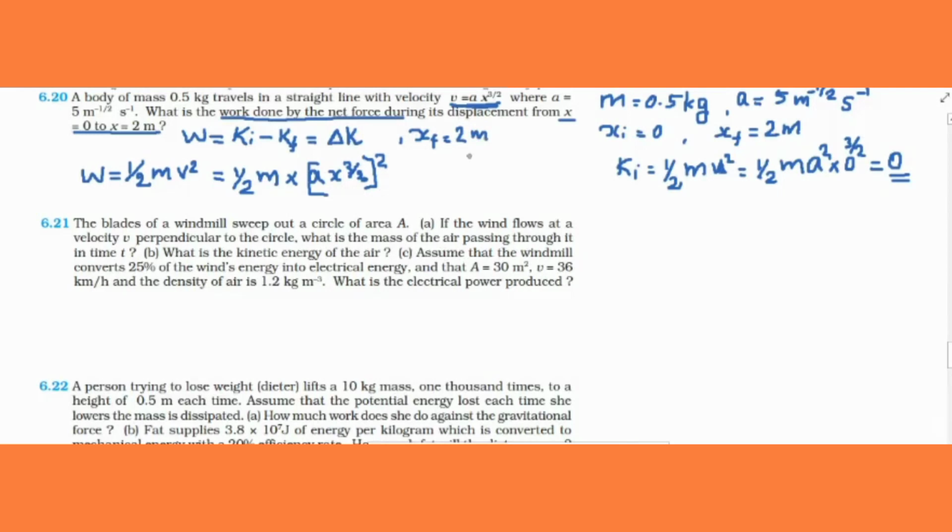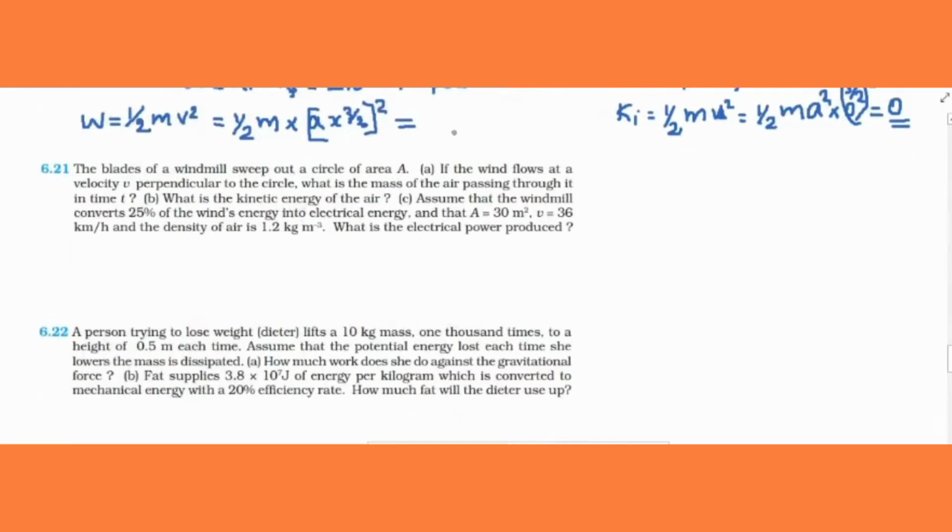So you will get the change in kinetic energy, and change in kinetic energy will be work done here. So use the work energy theorem, work done is equal to change in kinetic energy. Initial kinetic energy is 0, so you need to calculate only final kinetic energy, W is equal to half m v square. Value of v is equal to a x raised to 3 by 2, and where x is equal to 2 meter, the value of final position you need to substitute there, you will get the answer.